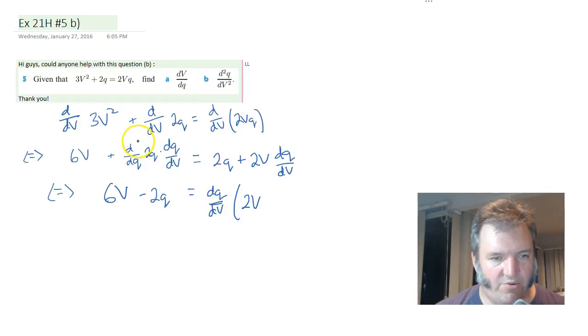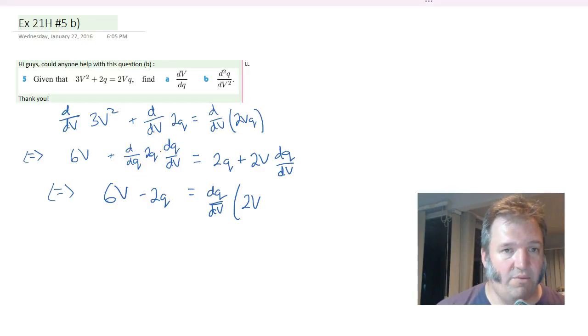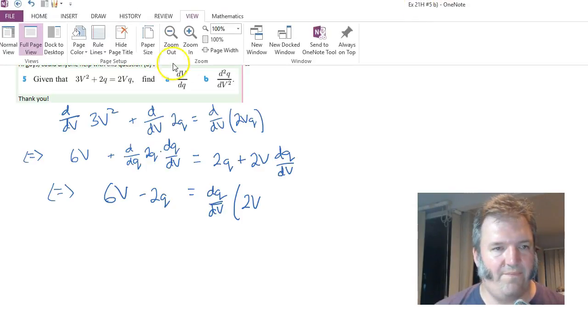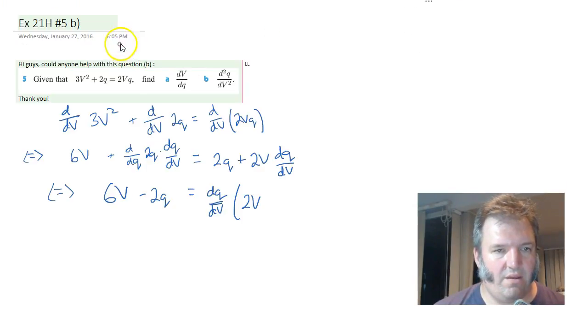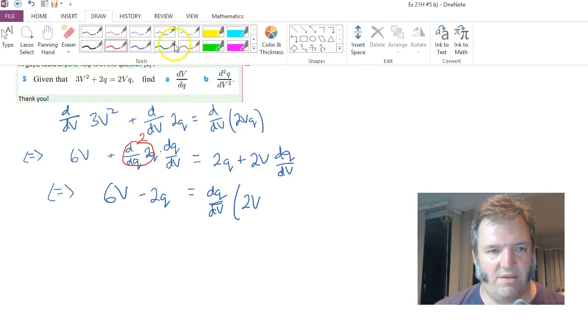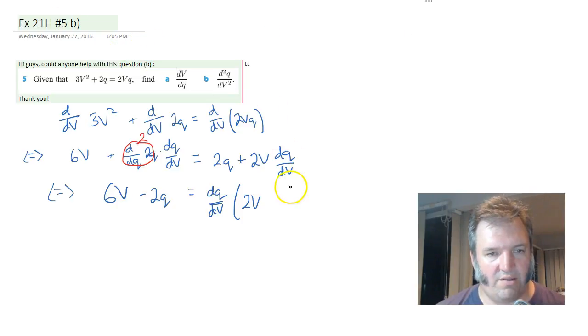And the other term that I'm subtracting, remember, d dq of 2q is just 2, so I've really got 2, all of this. Let me get another colour out and make it a bit clearer. So this bit that I'm going to circle in the red there, all of that, d dq of 2q, well that's just 2, isn't it? So what I've really got in this term is 2 times dq dv. Easy enough, therefore, when I subtract it, to just say this is 2v minus 2.